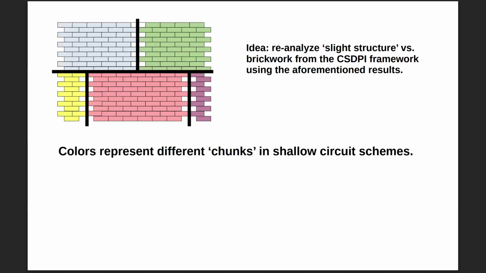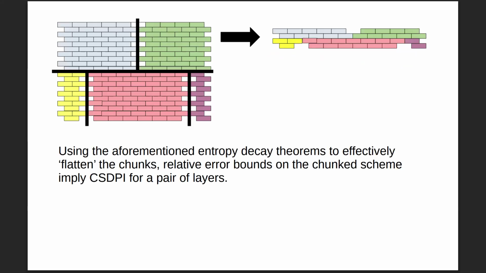They're all applying different k-fold independent random unitaries to 2 qubits, but the colors are showing you which chunk they're in. They start to be meaningful because using this long to short time relative entropy decay theorem in combination with the recombination result, we can effectively flatten out the chunks.